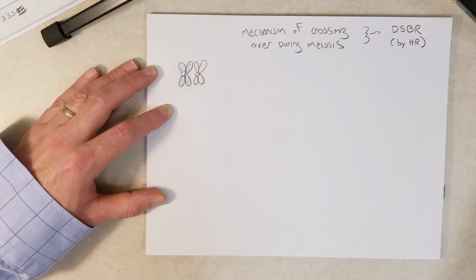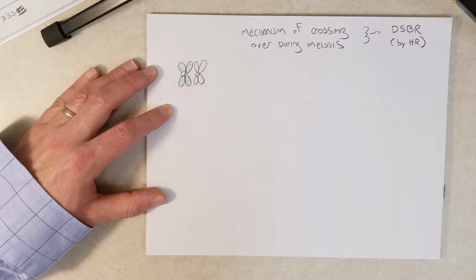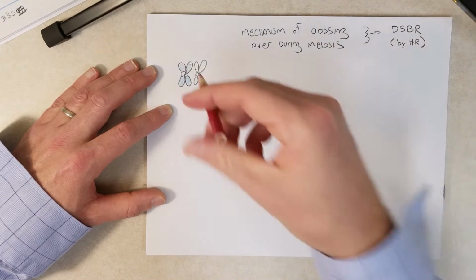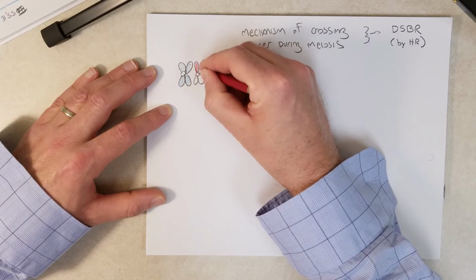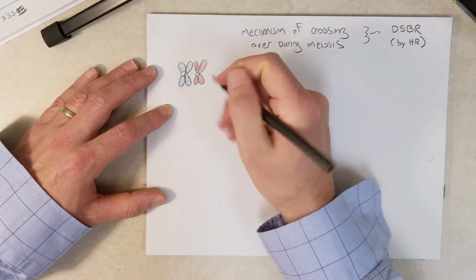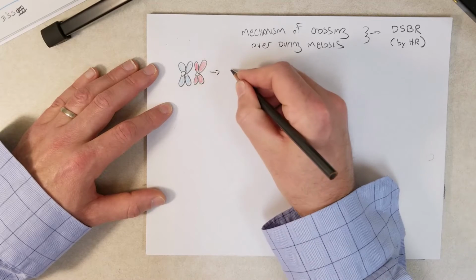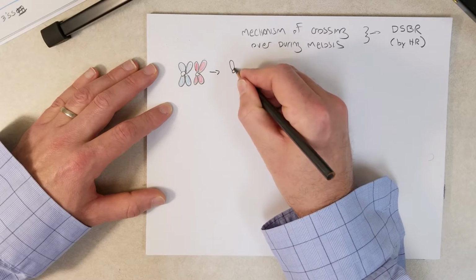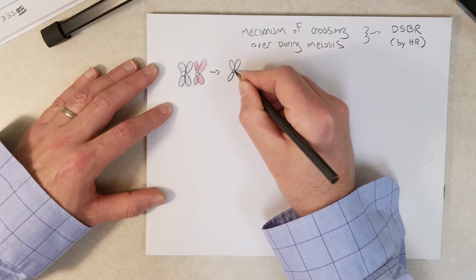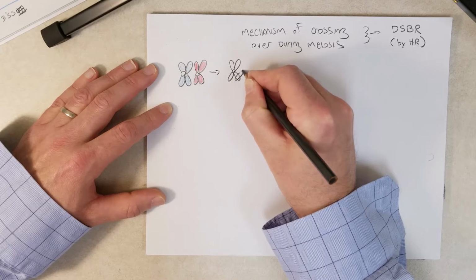So here's a pair of homologous chromosomes. And when they align during meiosis, they can form a tetrad. Or when they're paired up, we call that a tetrad.